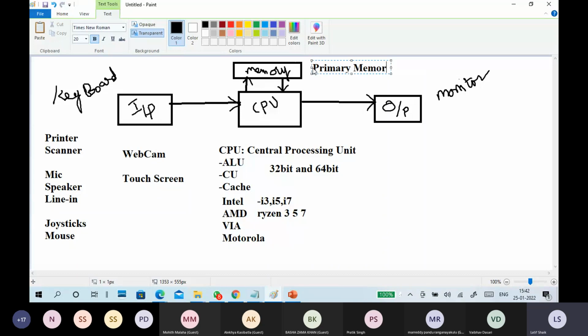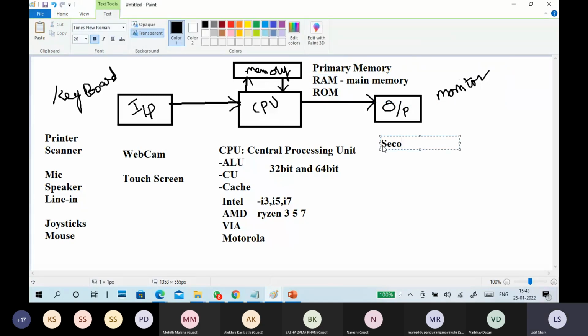Primary memory is of two types: RAM and ROM, random access memory and read only memory. RAM is also called main memory. So when you see main memory, it means RAM only.